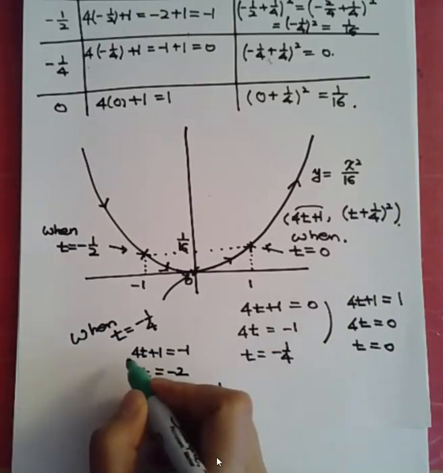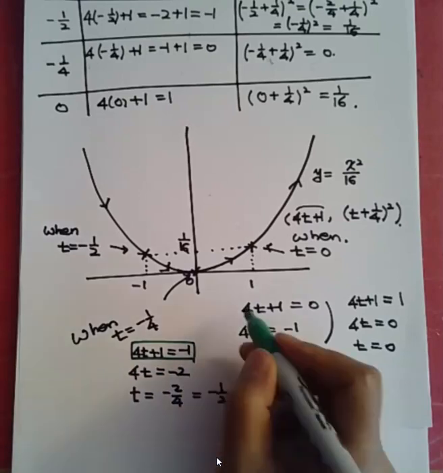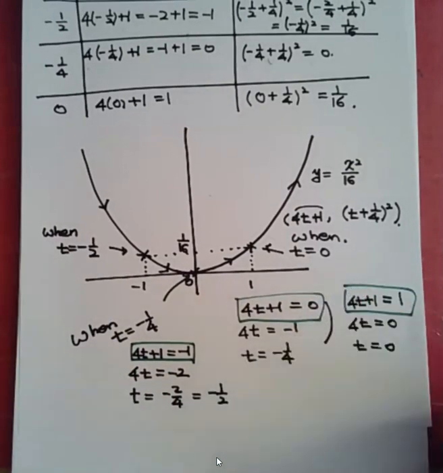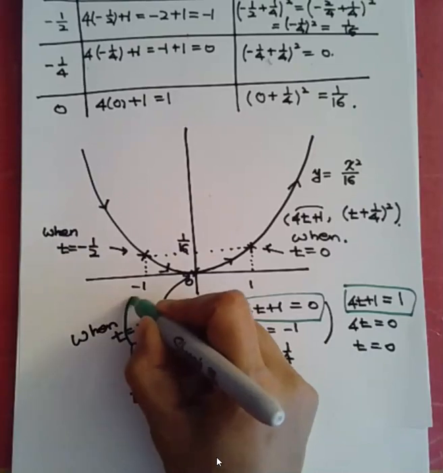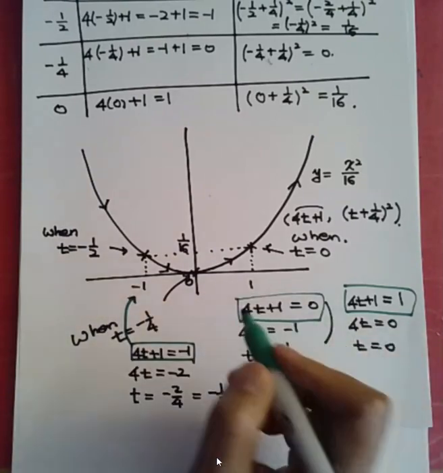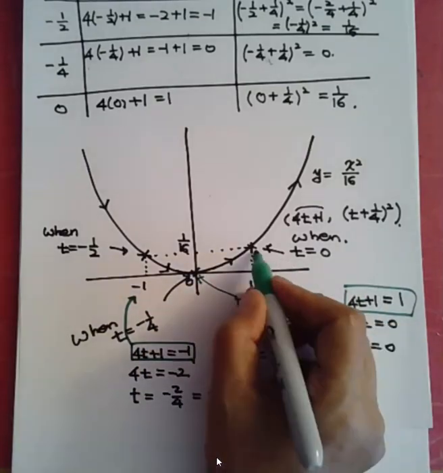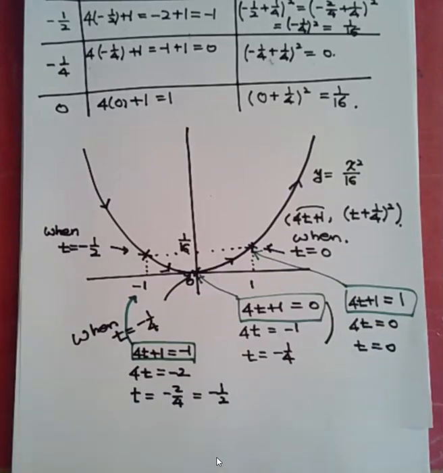To do that, I set up 3 equations. This equation comes from when x value equals -1, and this equation comes from when x value equals 0, and this equation comes from when x value equals 1.